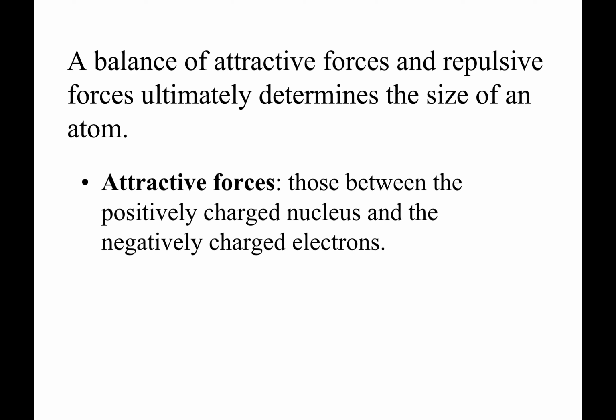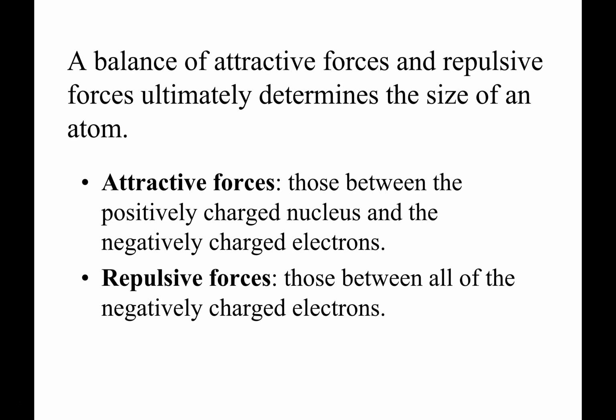So I'll go ahead and draw a lithium atom. I'll give it 3 neutrons and 3 electrons. So here's the deal. When it's talking about attractive forces, that would be this here from the negatively charged electrons, all 3 of them, into the positively charged nucleus. That's attractive.